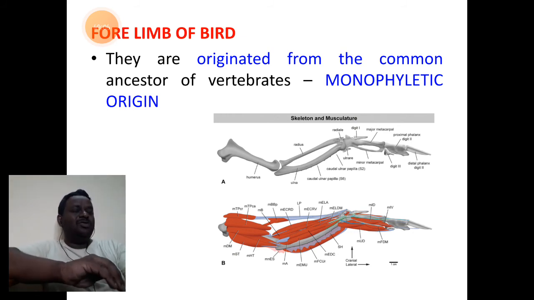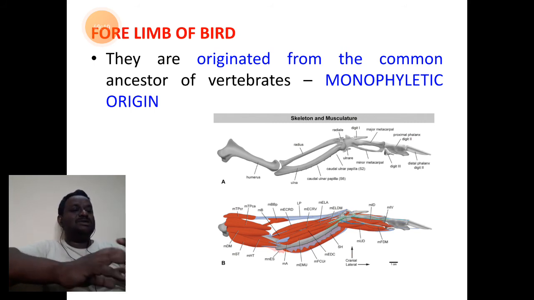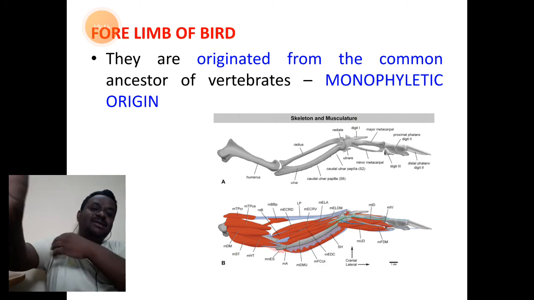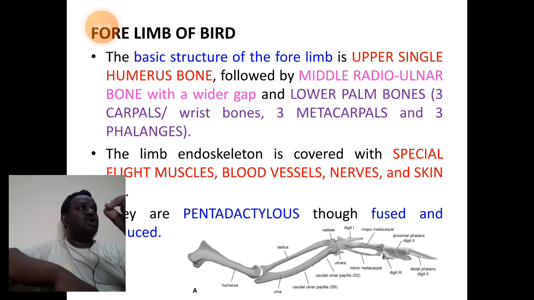That's what we will have to remember in case of the forelimb of bird. So, it is modified as wing structure. Even though it is a wing, internally the bone structure remains same. So, it is monophyletic origin.